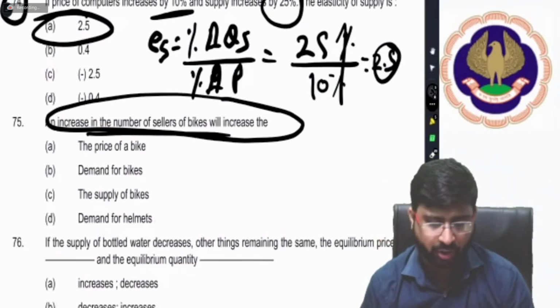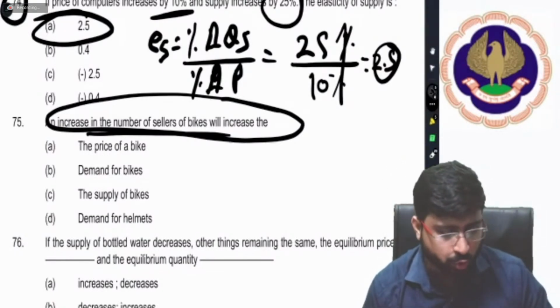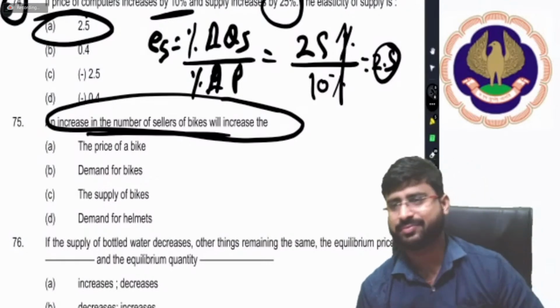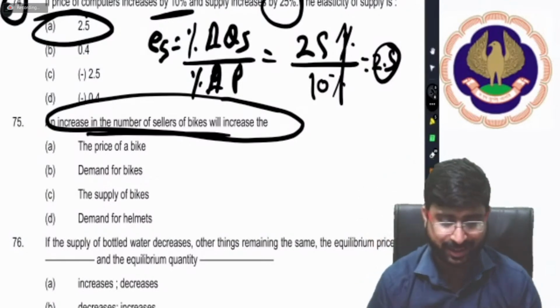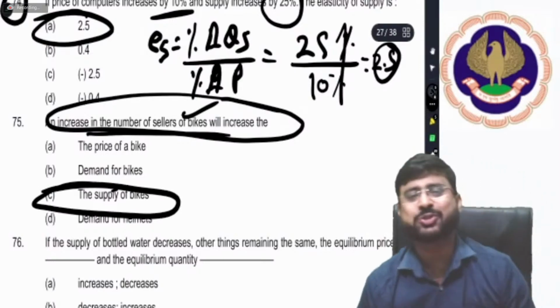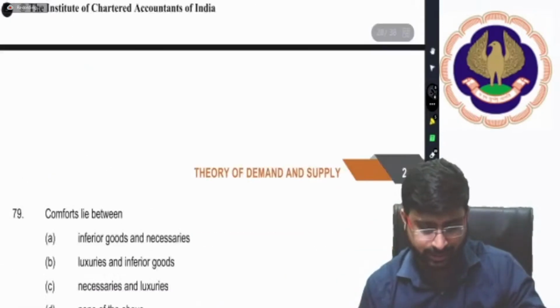Price of bikes, demand for bikes, supply of bikes, or demand for helmets. You have to choose only one. Correct. As the number of sellers increases, quantity supplied rises. So the supply of bikes will rise. Absolutely correct.